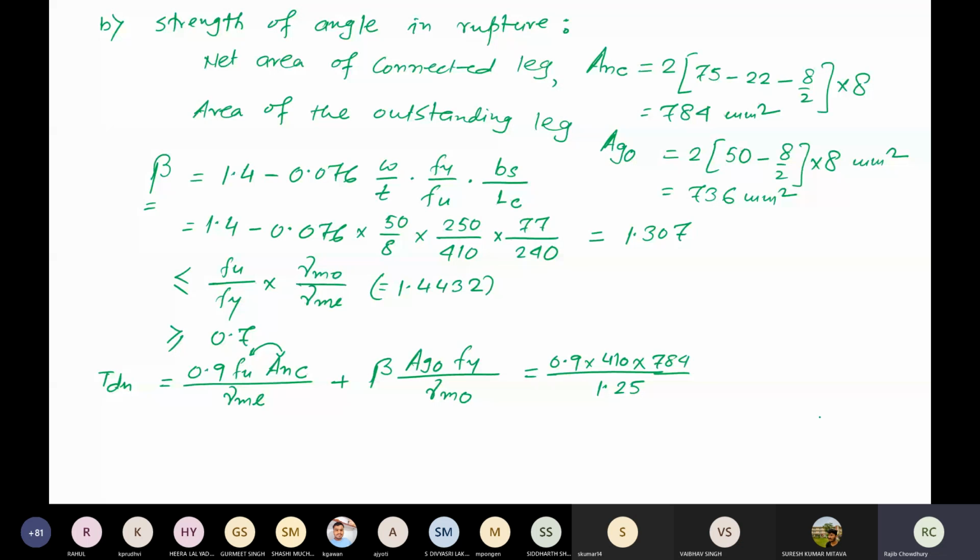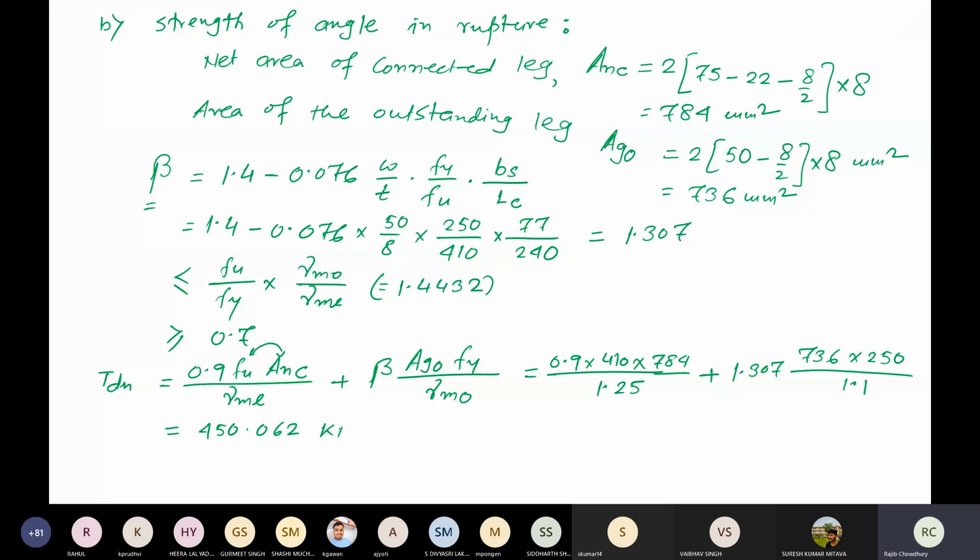plus 1.307 times Ag0, Ag0 is your 736, times 250 divided by 1.1. So this becomes 450.062 kilonewton.